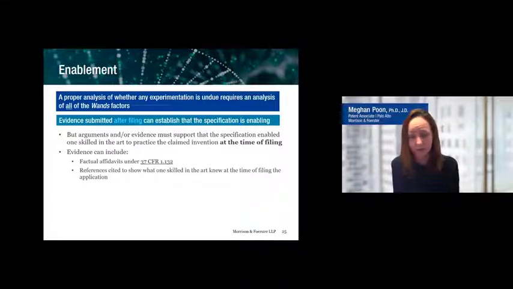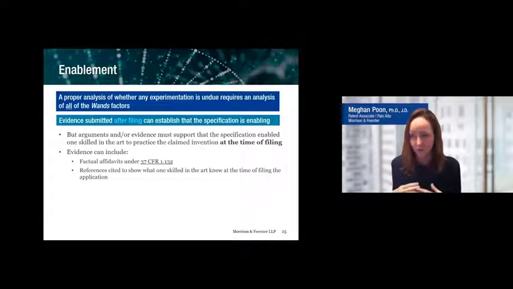Hey, we used the methods that were disclosed in the specification, and voila, the invention works exactly how we described. Another possibility, which I've used with some success, is references, actually. So you can use references to show that a particular method was available.